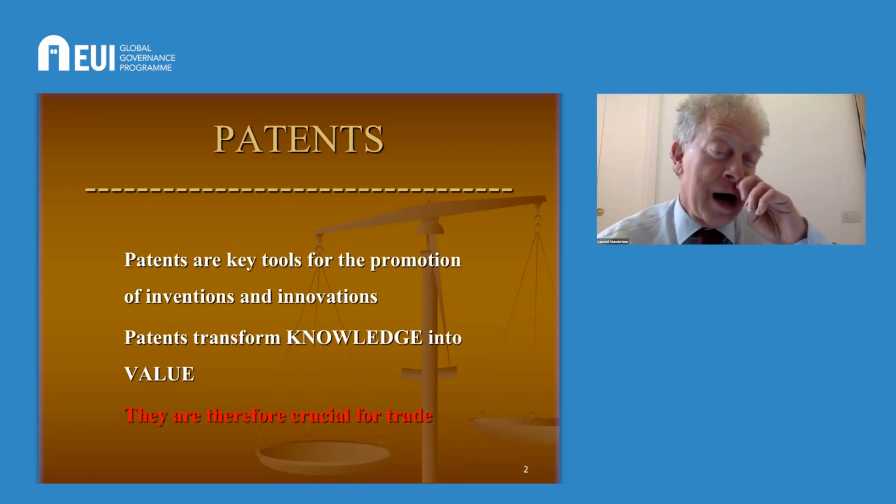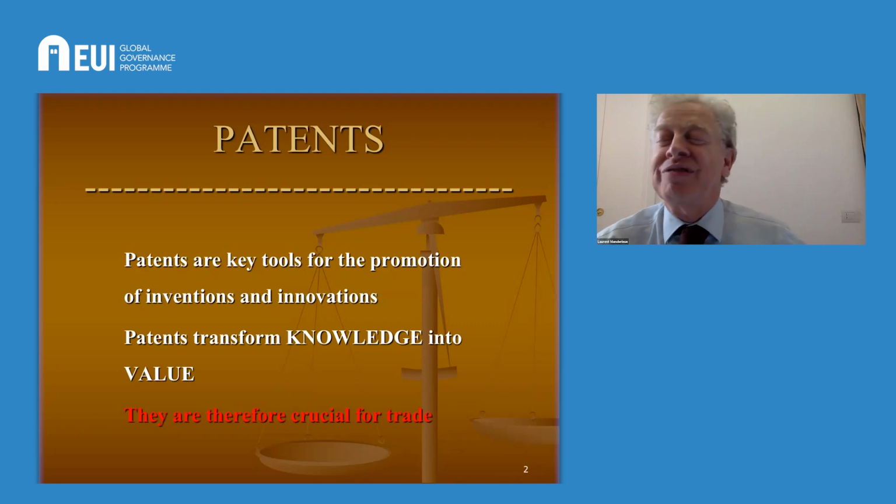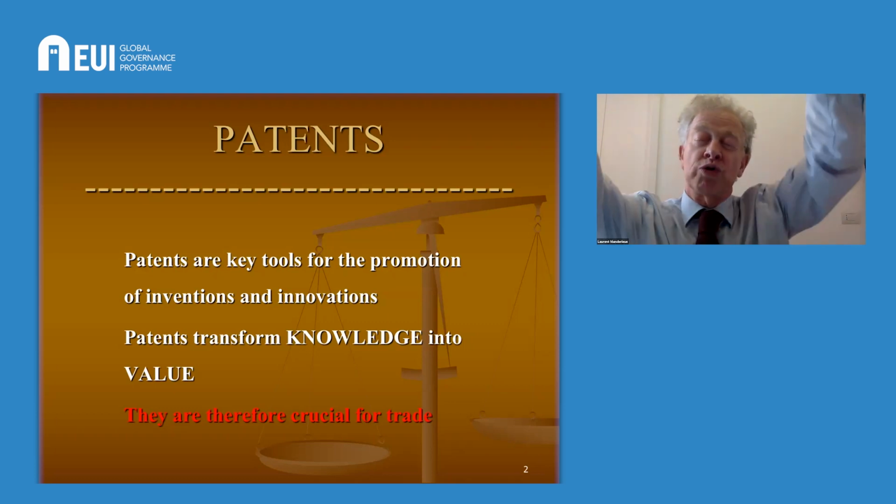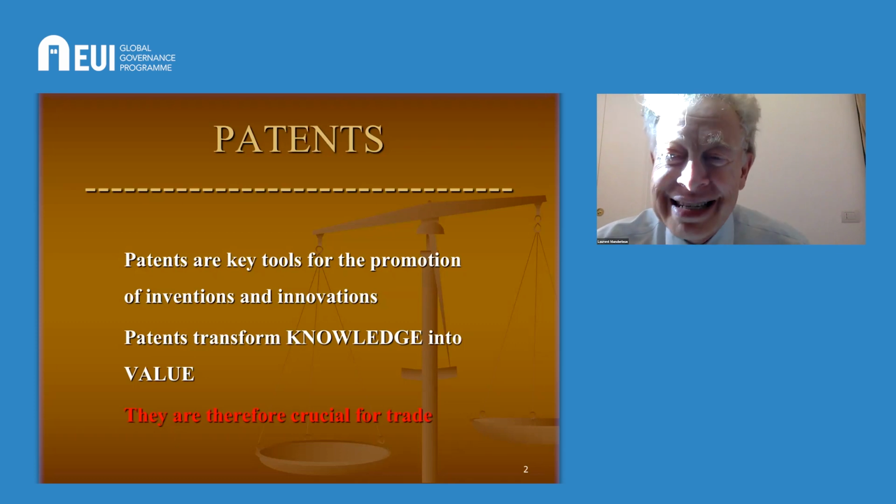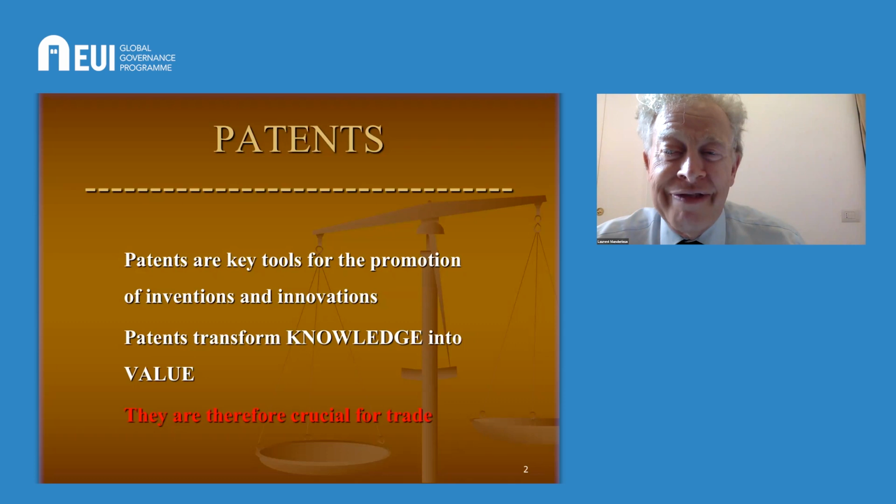We also have copyright, but it's the expression of knowledge, whereas patents go broader to protect applicable knowledge into value. So they are crucial for trade, and they are major indicators of innovation, of countries' competitiveness, and so on.